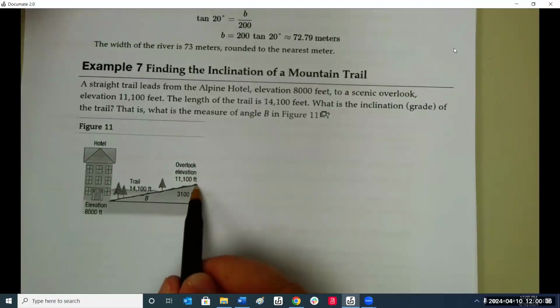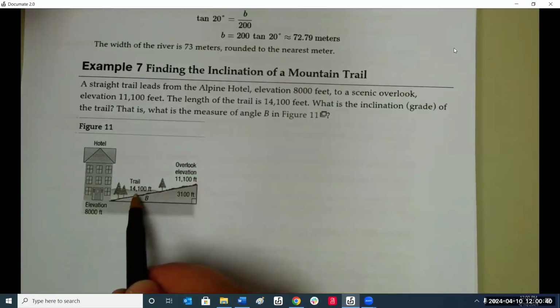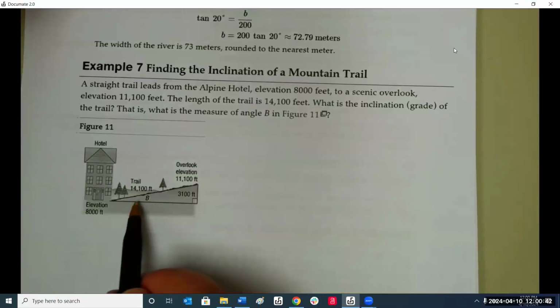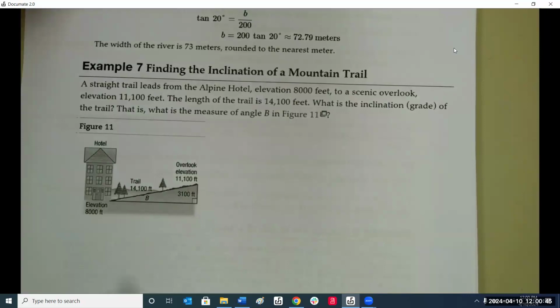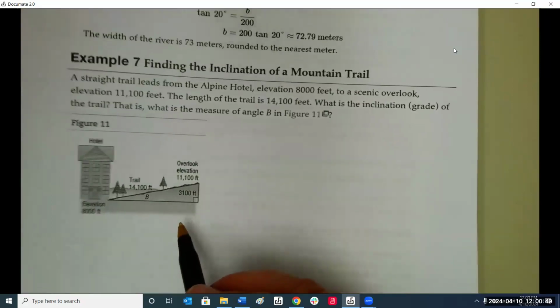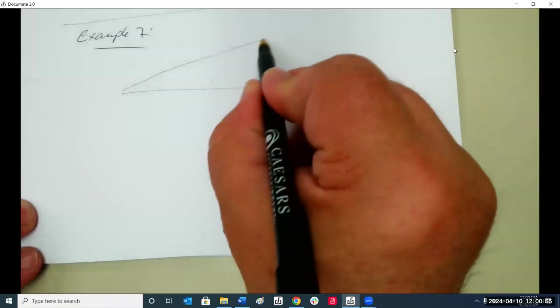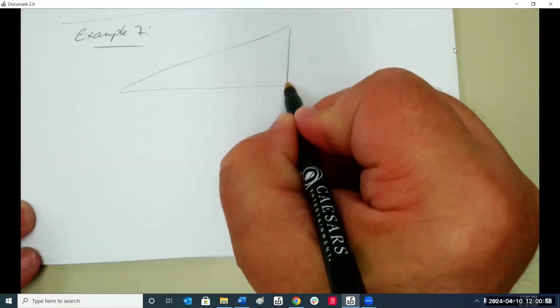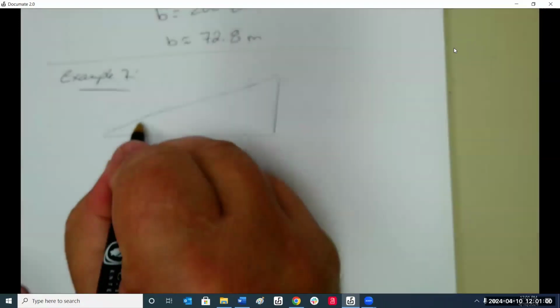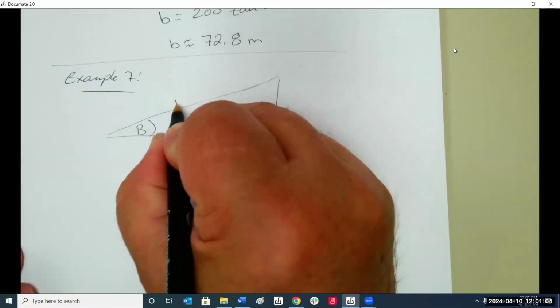We know that the height is 11,100. The distance traveled is 14,100. What is the angle B? So let's see what we have here. From the horizontal, we know that the trail is 14,100.